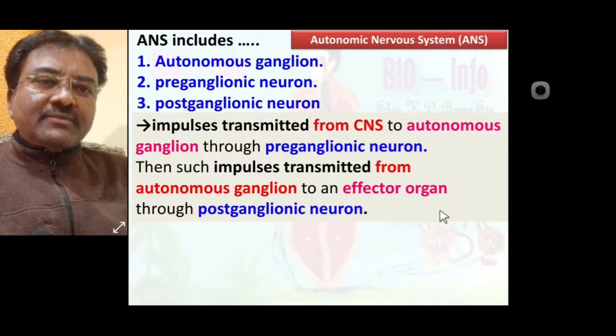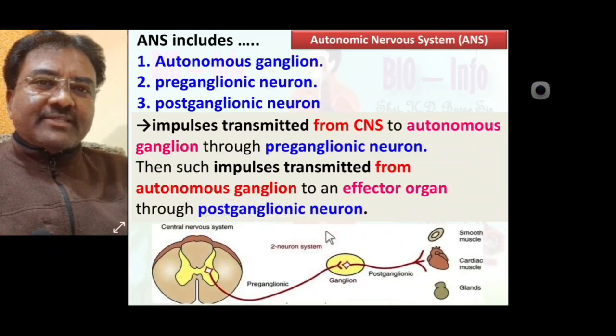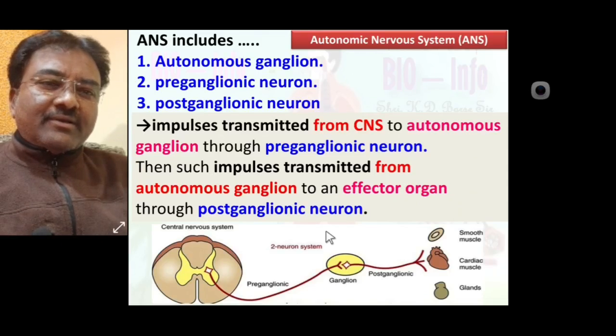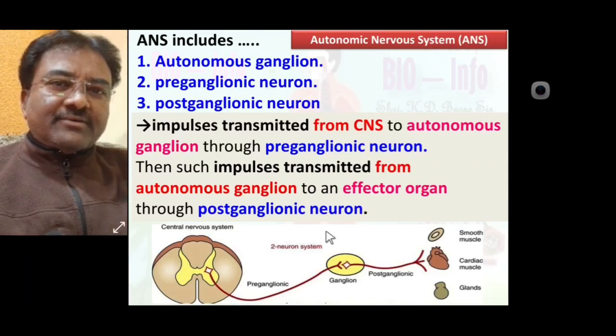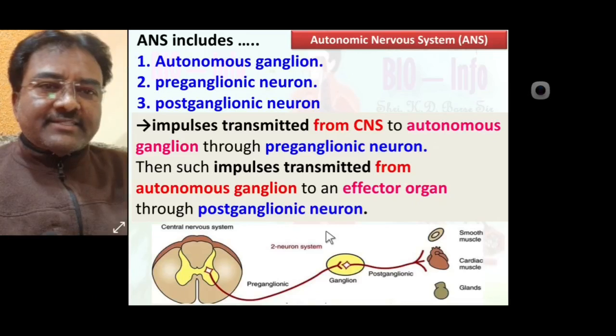Such control measures are seen in the autonomic nervous system. Seen here is a diagrammatic representation of how the ANS controls effector organs, involuntary organs, smooth muscles or glands.